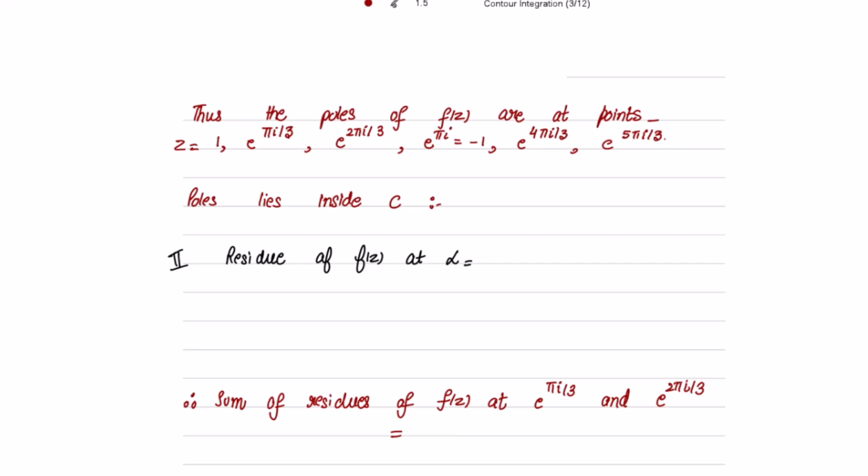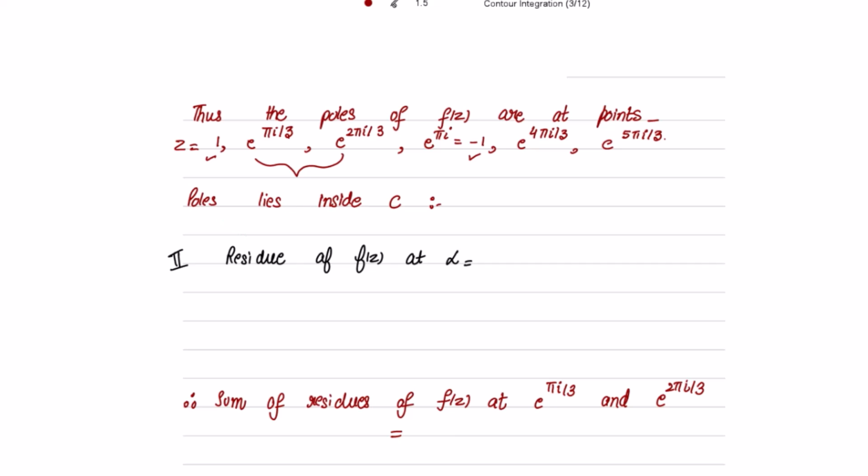Now if you look at these poles, at 1 and negative 1 the contour is indented, right? So the remaining poles are the 4 other poles, and half of them lie inside the contour. So only the first 2 poles lie inside the contour, and we will find the residue at these 2 poles only.